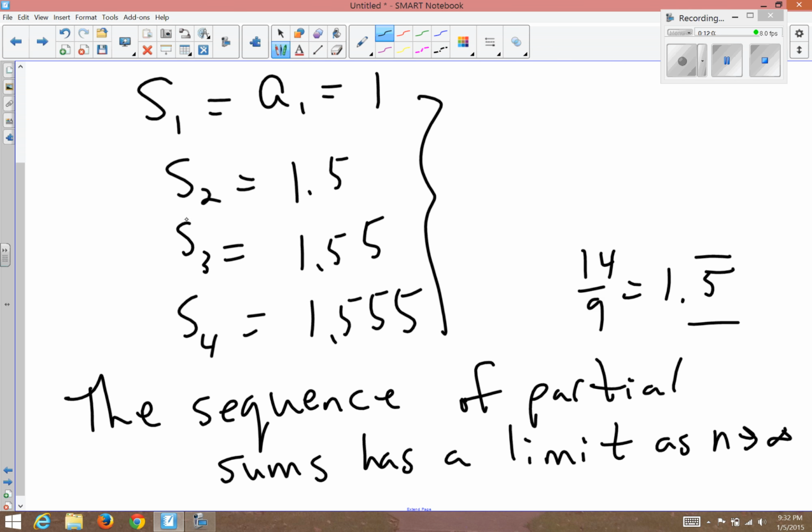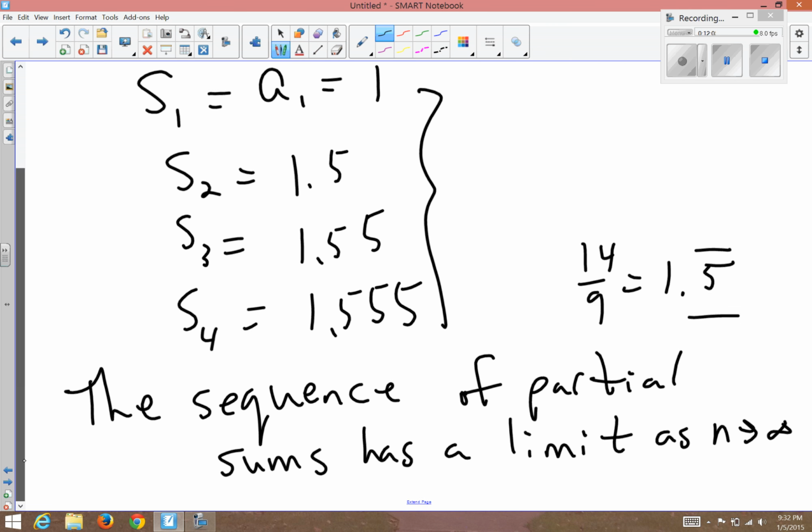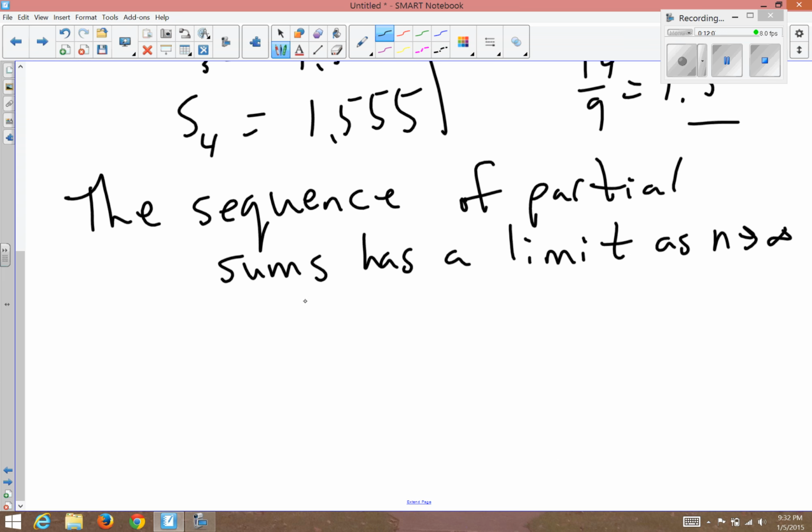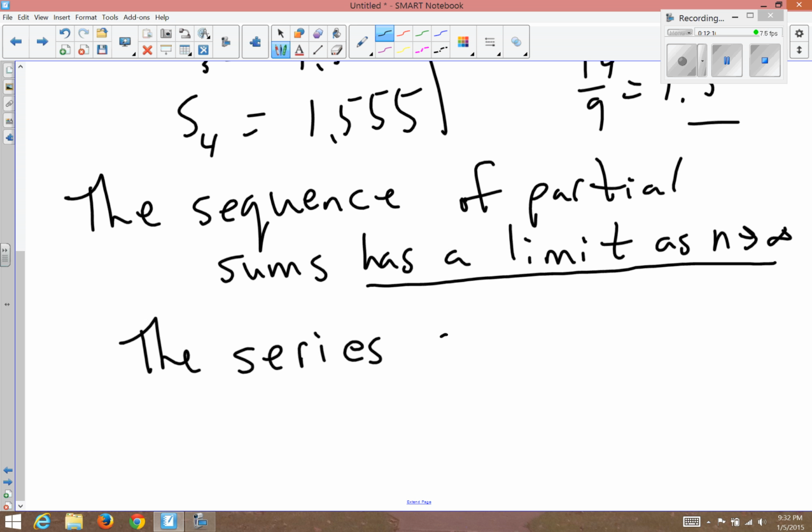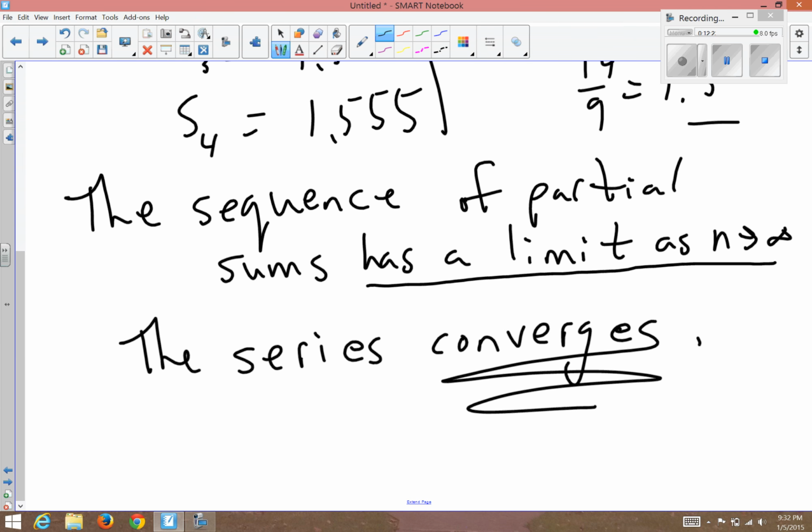N is the subscript, again gets larger and larger. Conclusion, the sequence of partial sums has a limit. The series converges. And that is the answer. Okay.